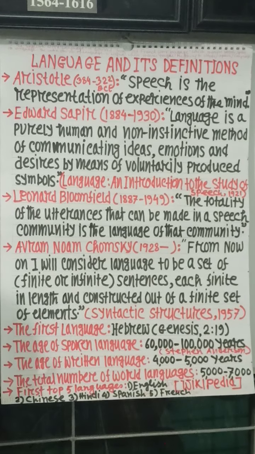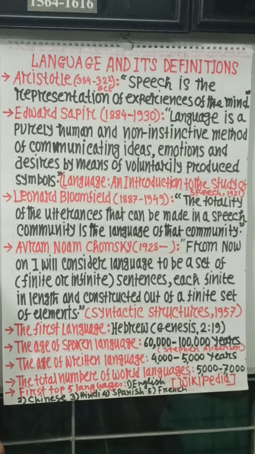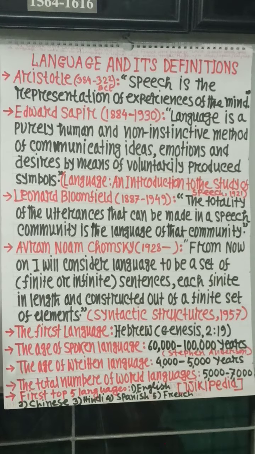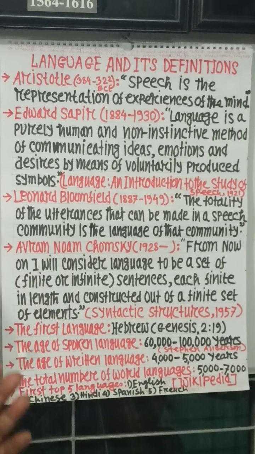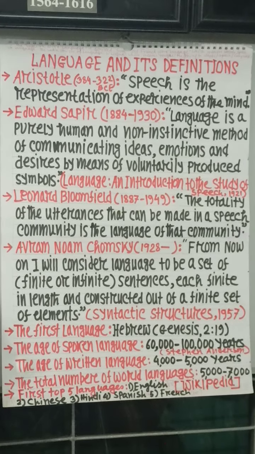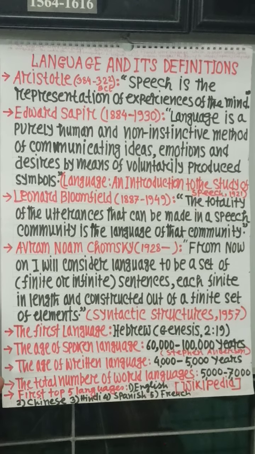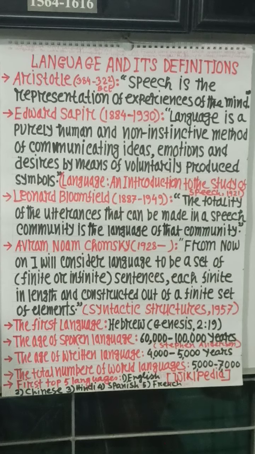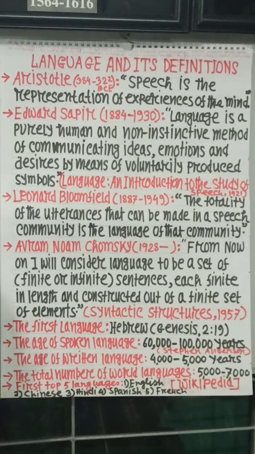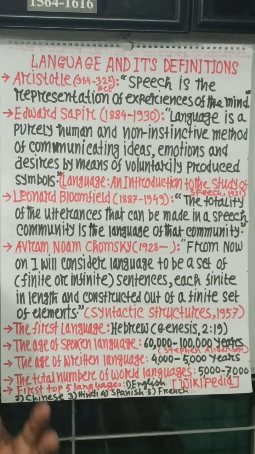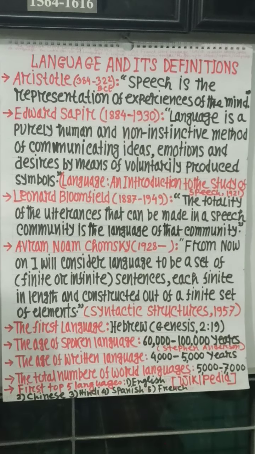From this definition, the main focus that we can know is that language is utterances and it is involved in a community. That is, there is a social and cultural background of language.